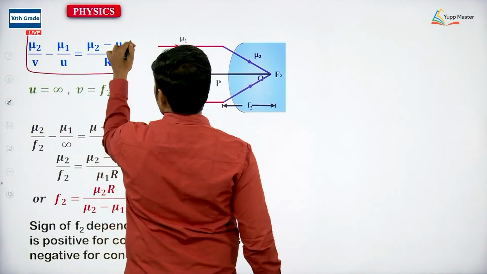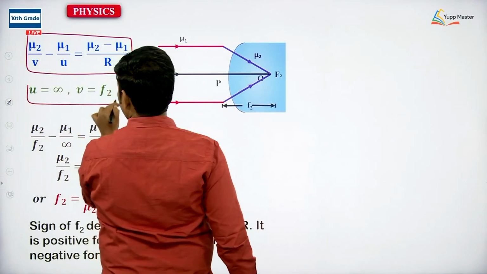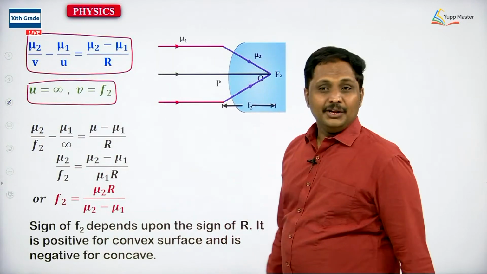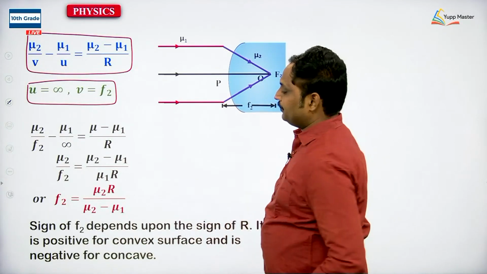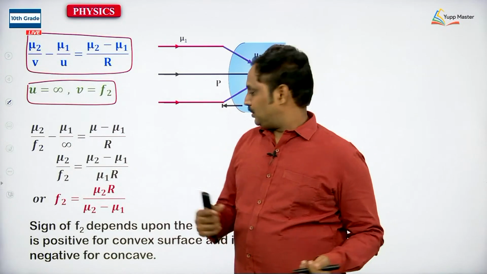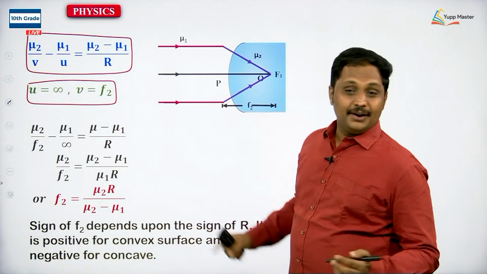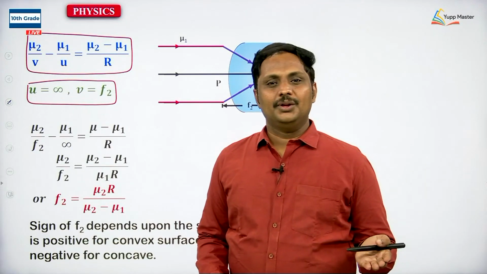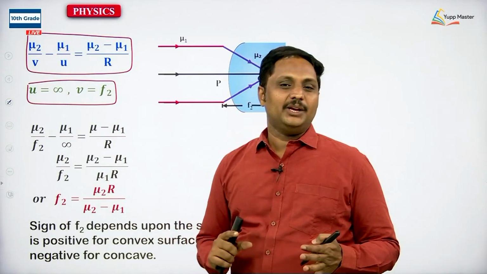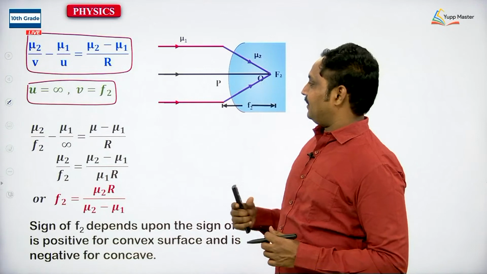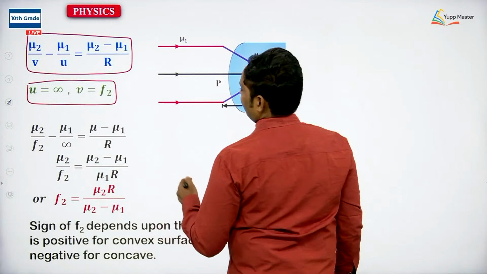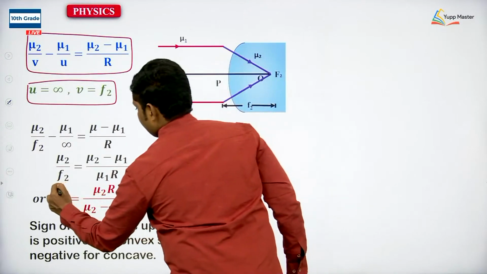We just have to make the substitution, and take this F2 in terms of mu1, mu2 and R. So the sign of F2 depends on the mu1 and mu2 values, and also the sign of R. We are going to confirm all these things. This is the expression.